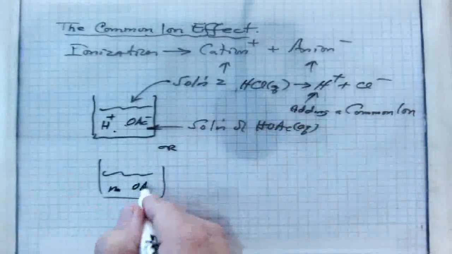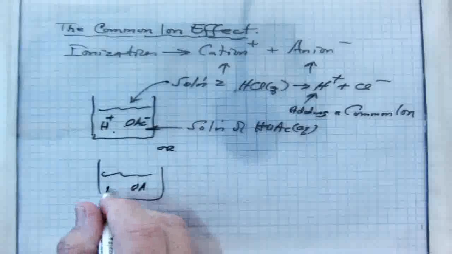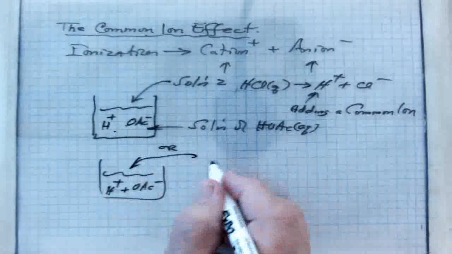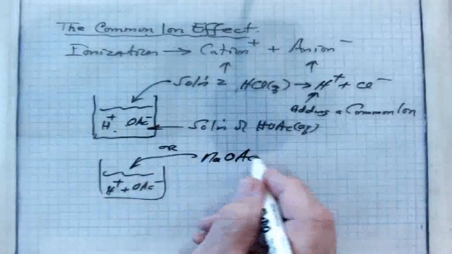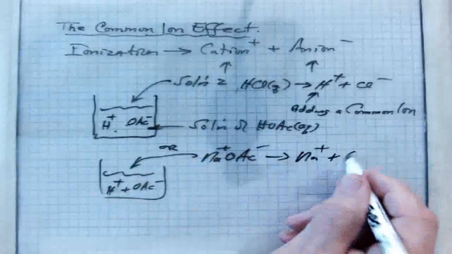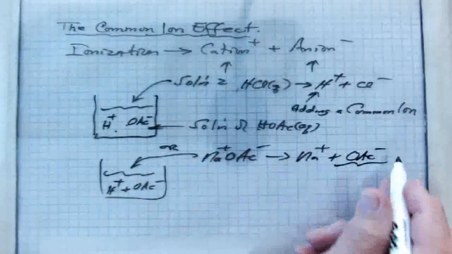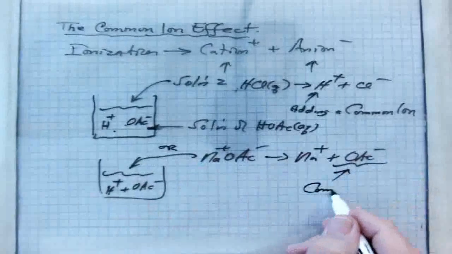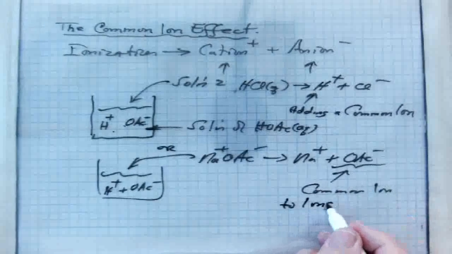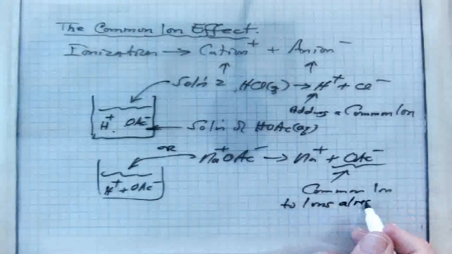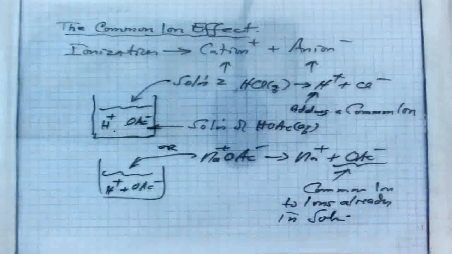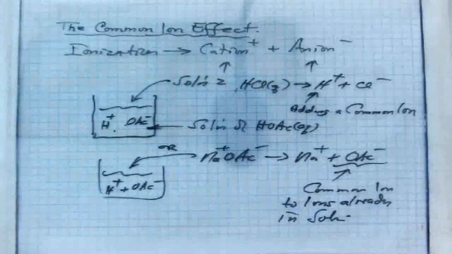Well, the acetate ion is a common ion to ions already in solution. So this is what the concept of common ion means, that you're pouring some common ion solution into a weak acid or weak base solution that already has some ions in it. Well, this also applies to addition of ions of a salt that's undergoing ionization too. We'll see that in the next chapter.